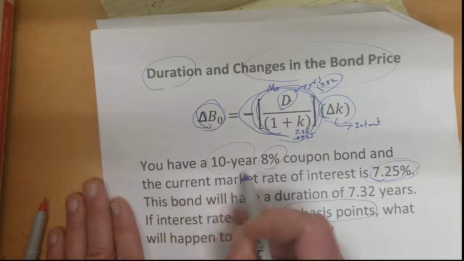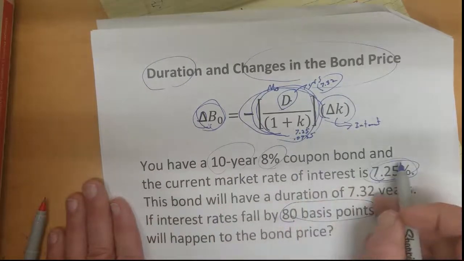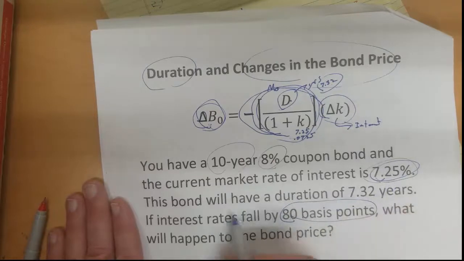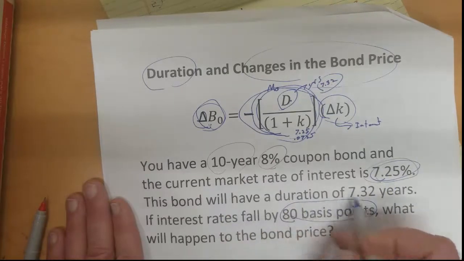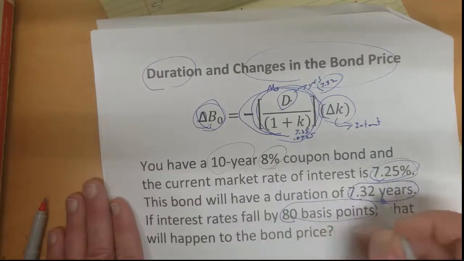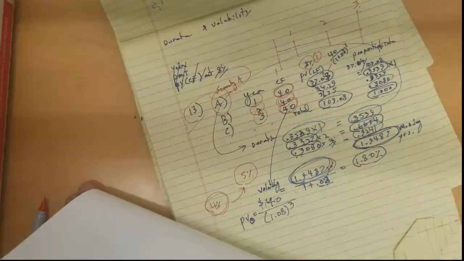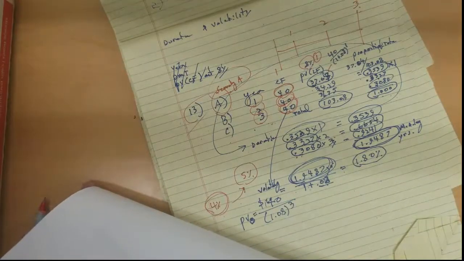So you have a 10-year, 8% coupon bond. The current market rate is 7.25%. This bond will have a duration of 7.32 years. I already figured this one out ahead of time using the same exact way we did it right there.